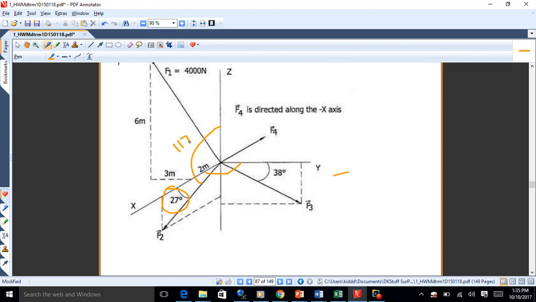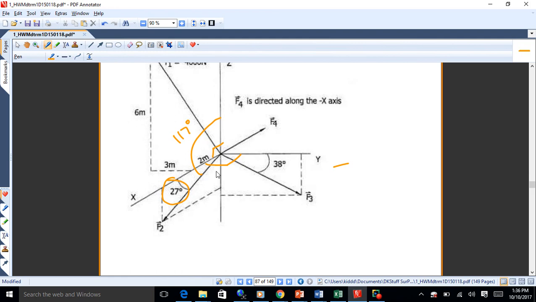So if you take that 27 and add it to the 90-degree angle between the z-axis and the x-axis, those are both coplanar, the 27 and the 90. When you add them up, you get 117. So that'll get you the 3 angles for F2. It's 27 for the x, 90 for the y, and 117 for the z. Those are alpha, beta, and gamma, respectively.